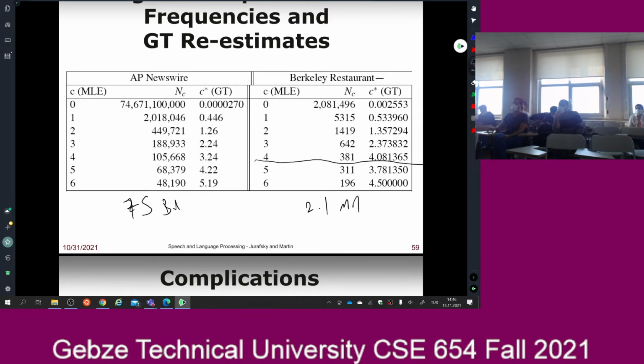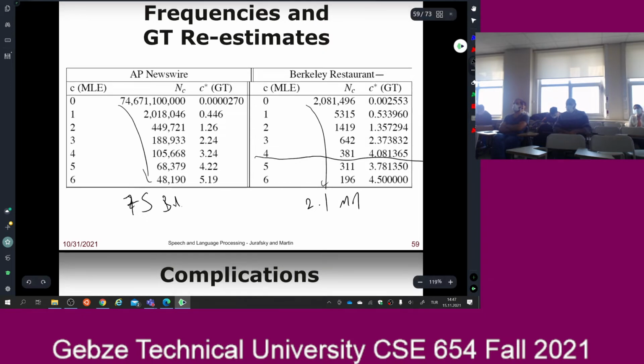Maybe it is a typo. No, maybe it is 3.08. Look at these numbers. It's going down. It is not going down fast enough, I guess, in here. It is looking at the one that is C plus 1, and this one is not going down as fast as C. The drop is almost half, not that much.